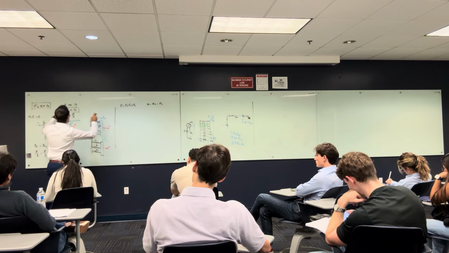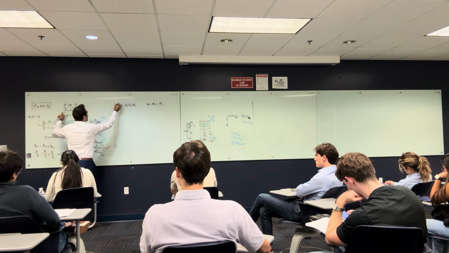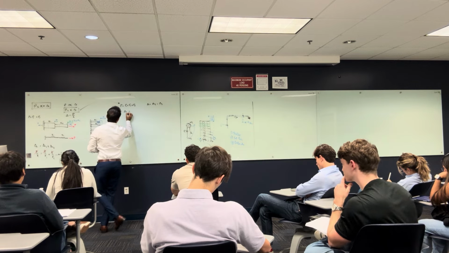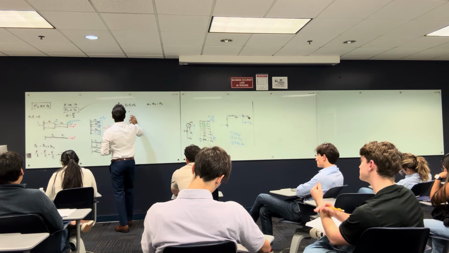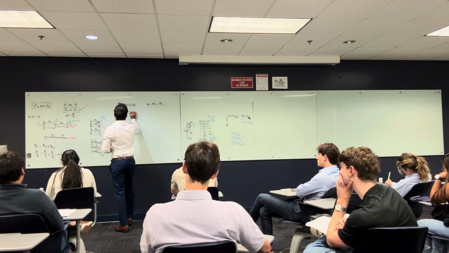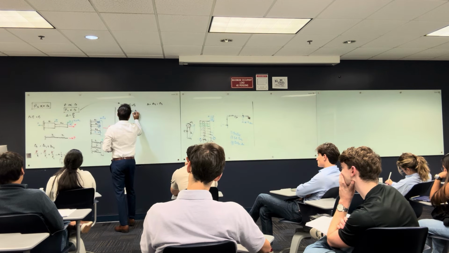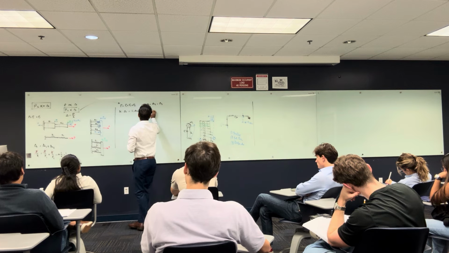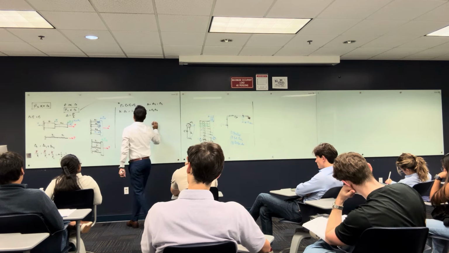So I want to substitute from Hooke's law into this equation. K multiplied by delta is going to be equal to K1 multiplied by delta 1 plus K2 multiplied by delta 2 plus K3 multiplied by delta 3.